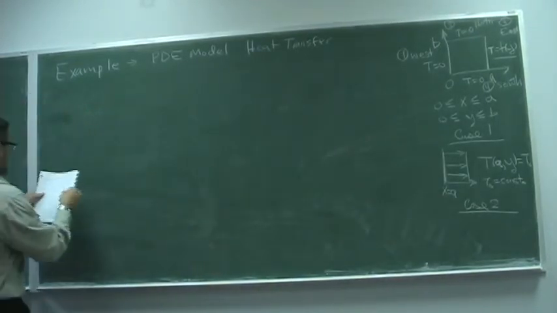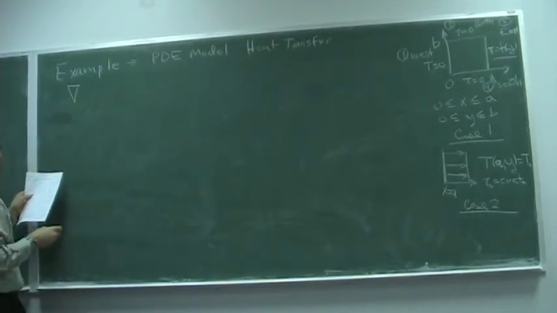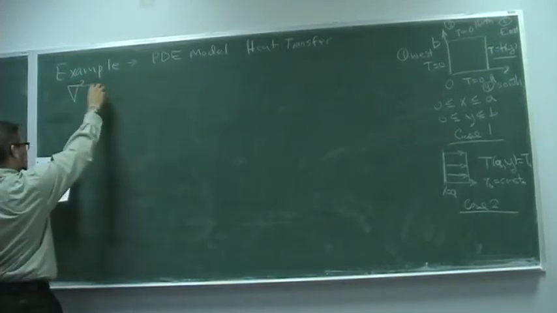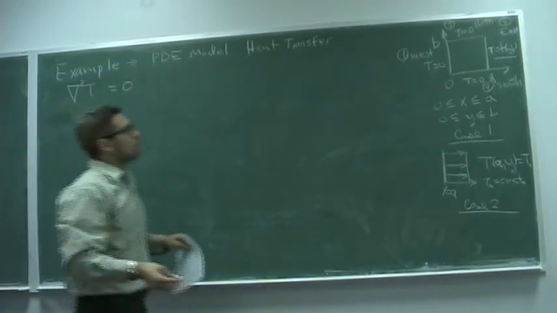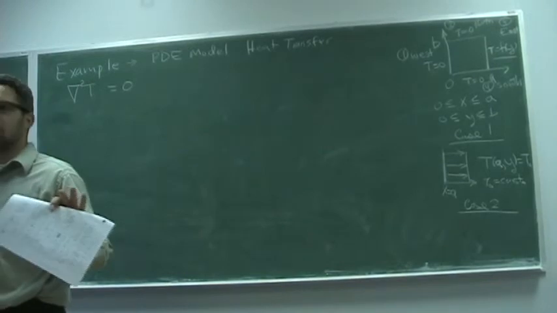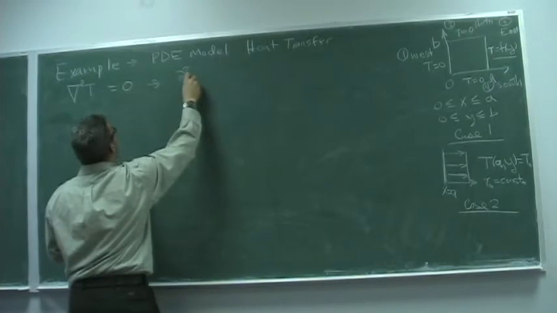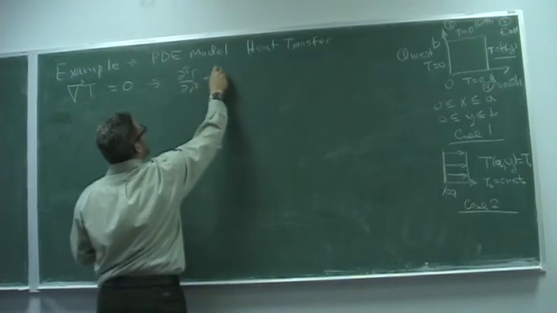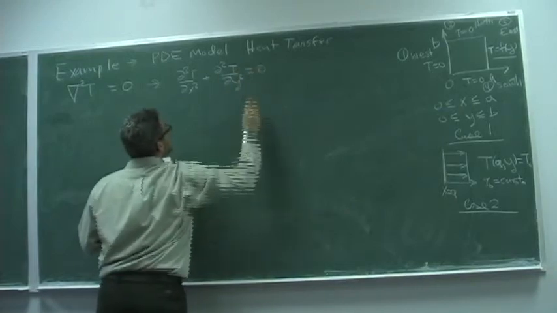So basically, we know that our equation, which we derived before, Laplace's equation, is del squared, the Laplacian of temperature, equals 0. In this case, this is a two-dimensional problem, so we're assuming there's no z component. So we have the partial derivative of T with respect to x squared plus T with respect to y squared equaling 0.